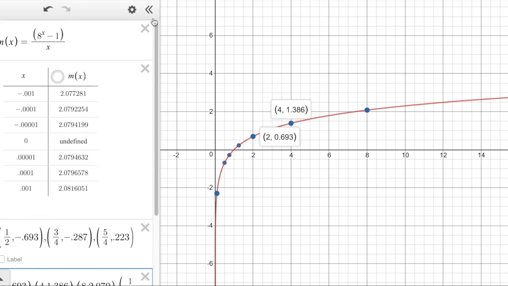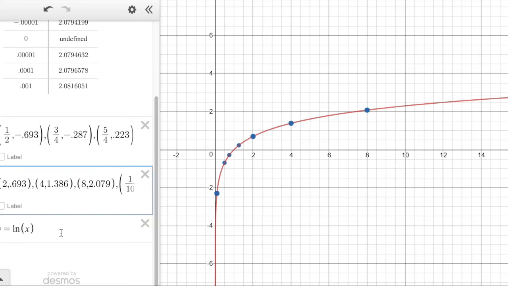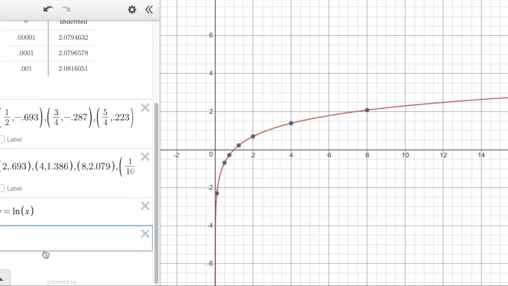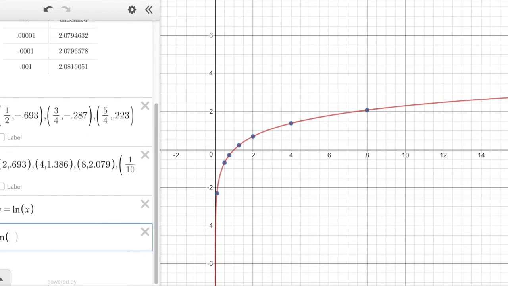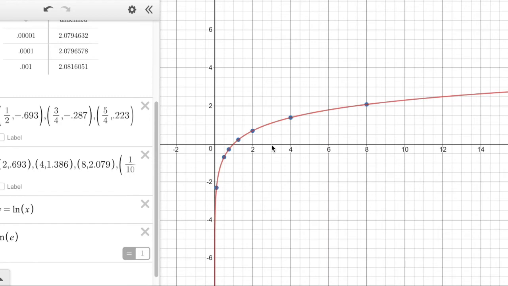Now the one really nice thing is, if I look at the natural log of e, the natural log of e is just 1. It's somewhere in here.